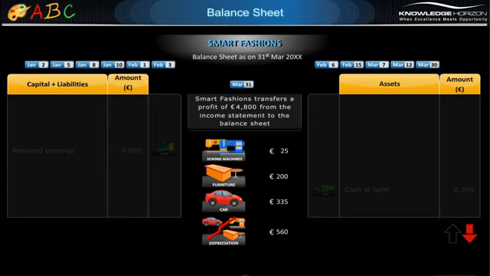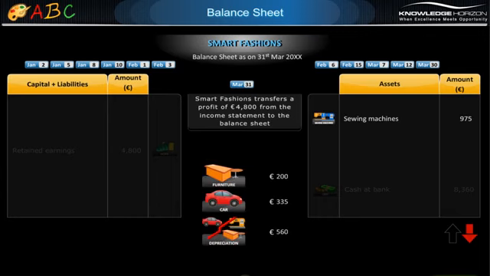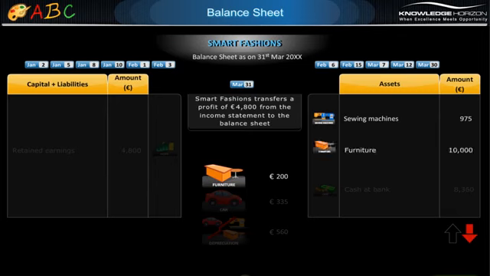€560. Thus, we deduct €25 from the historic cost of the machines, which was €1,000. This gives the book value of the machines on 31st March at €975. Further, we deduct the depreciation of €200 from the historic cost of furniture, which was €10,000.